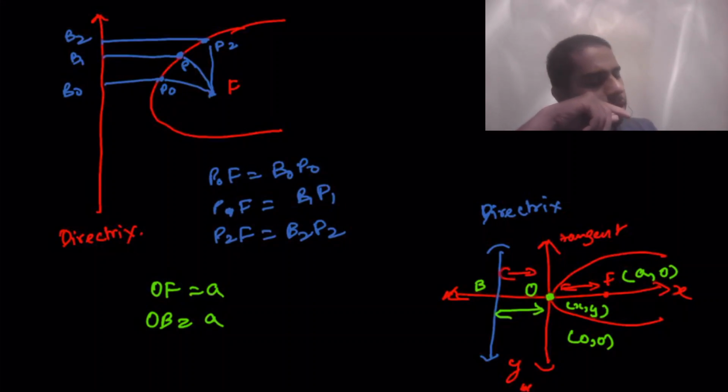I'm using all these mathematical terms like tangents and directrix because in IIT JEE and JEE, even though you know the basic concepts of parabola, ellipse, hyperbola and everything, they will be using mathematical terms.